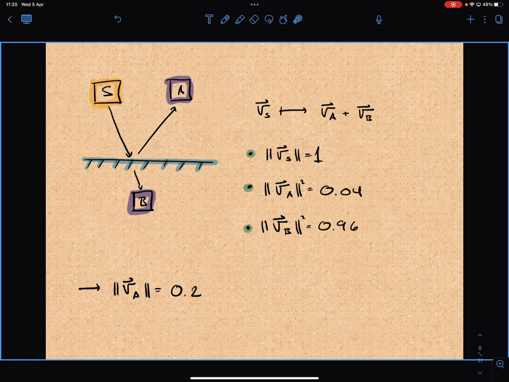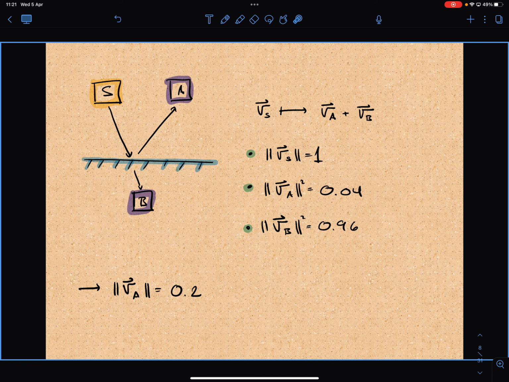And in our case, when we have this source and this detector, we have the light coming from the source, which is our original photon. It gets split up into two vectors, one that goes to detector A and one that goes to detector B. Originally, the length of the light at the source is 1, because that's the full magnitude.